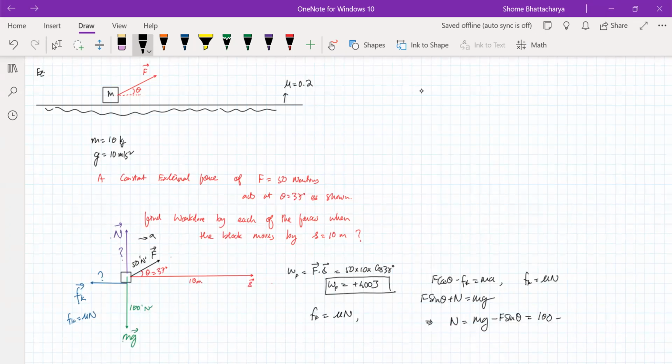So that is 100 minus 50 into 3 by 5. So 70 newtons is the normal reaction. So kinetic friction is 0.2 into 70, 14 newtons in magnitude.